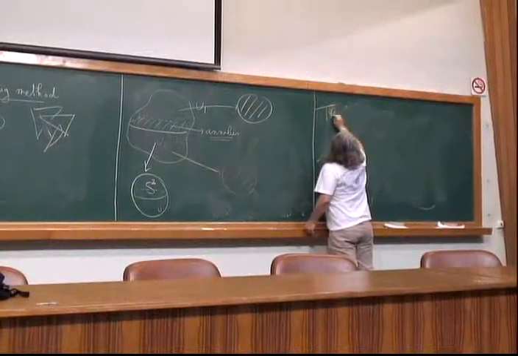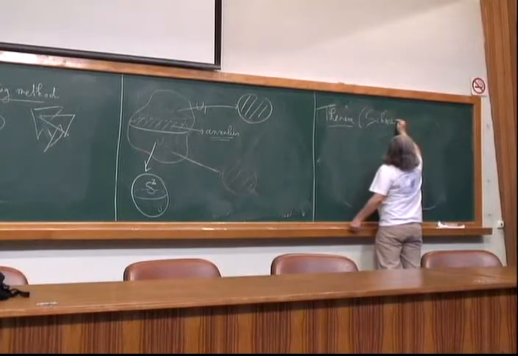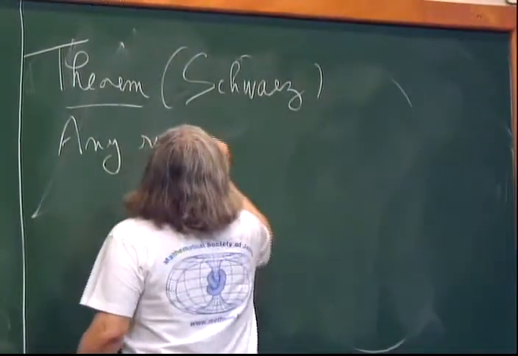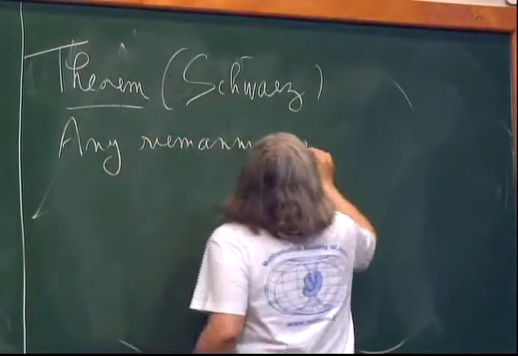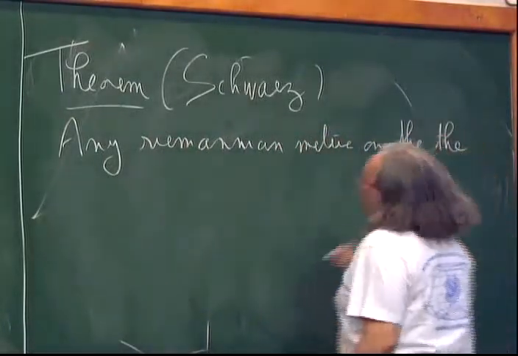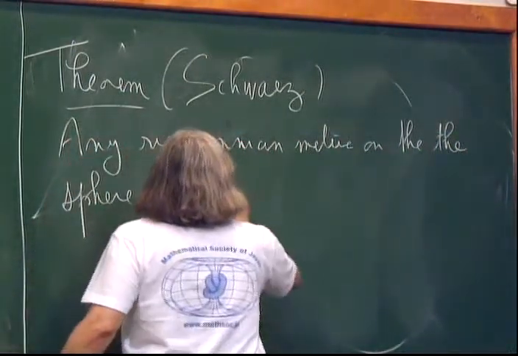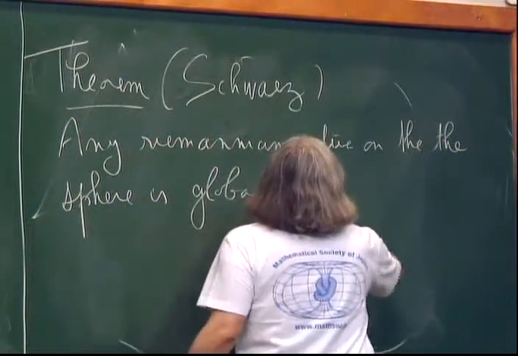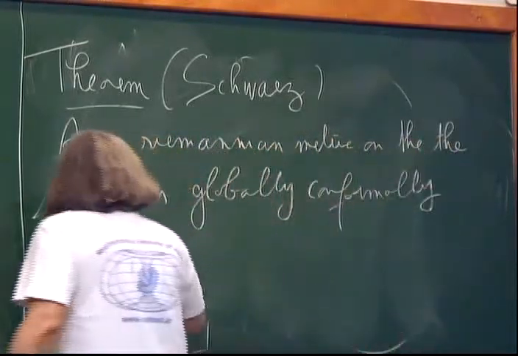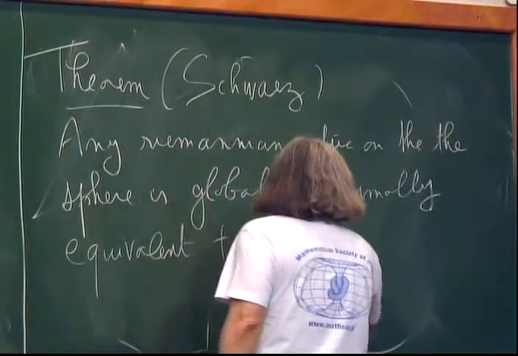Theorem. Any Riemannian metric on the sphere is globally conformally equivalent to the round sphere.